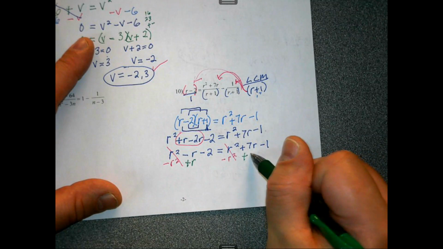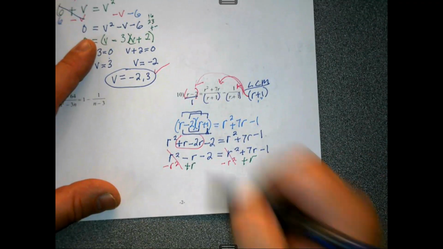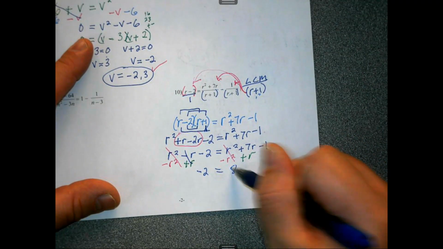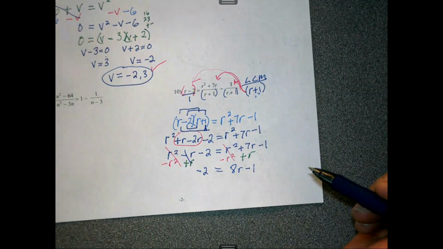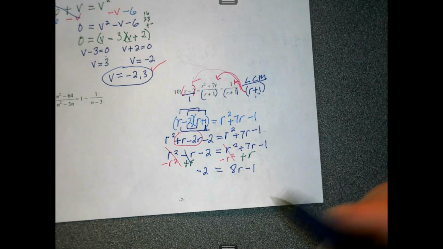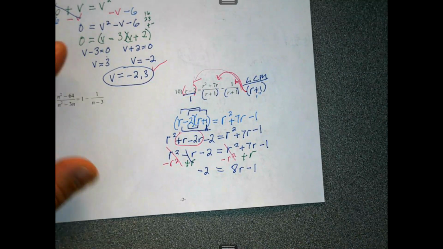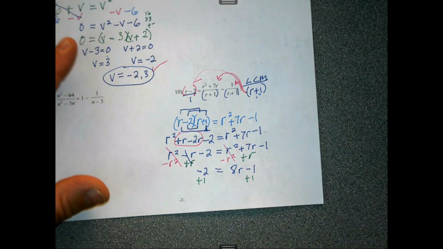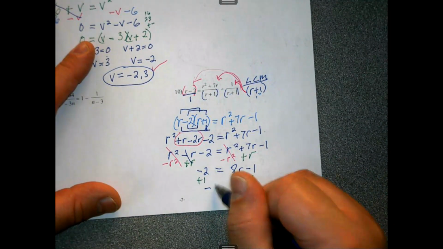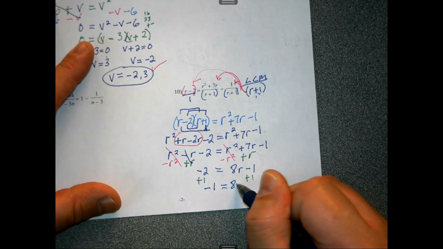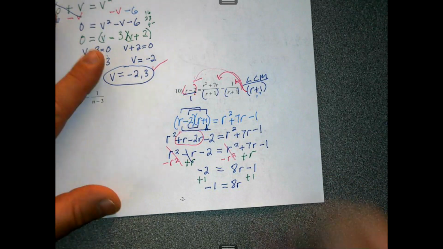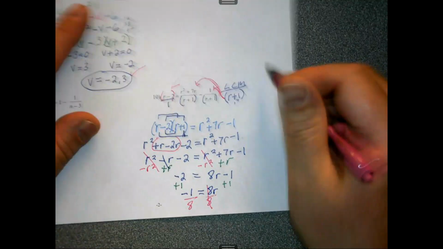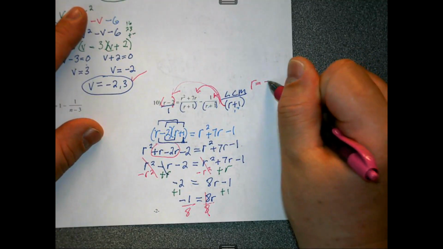So I'm going to add 1r. So I have negative 2 equals 8r minus 1. And I'll add 2, I'm sorry, add 1 to the negative 2. Gives me a negative 1 equals 8r. And then divide by 8. So r is going to equal negative 1/8.